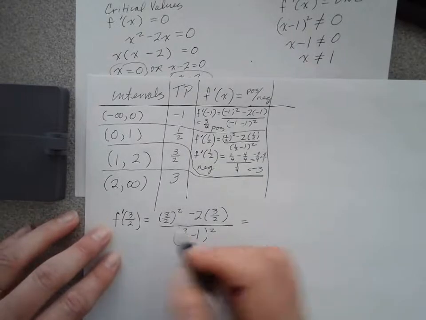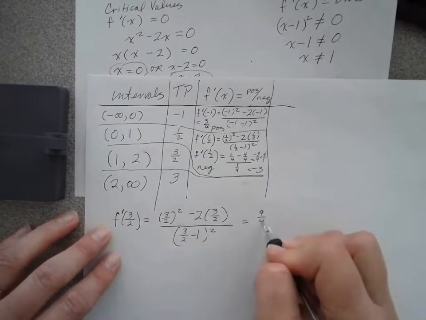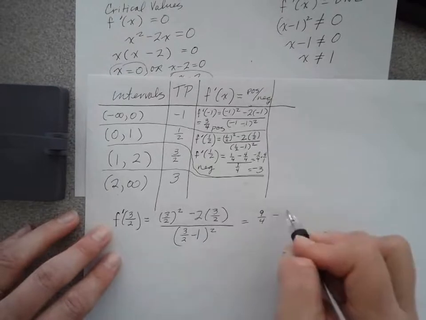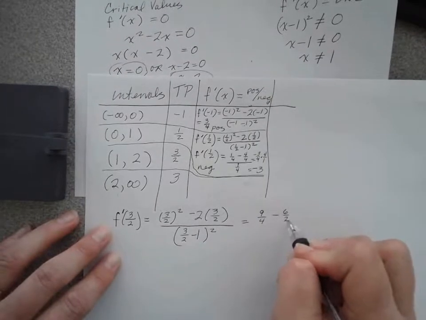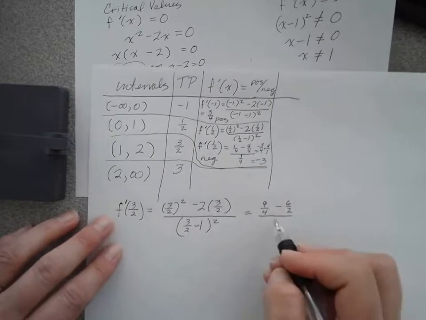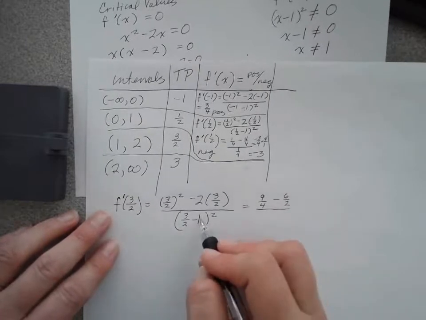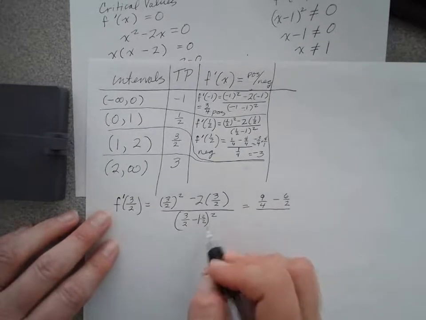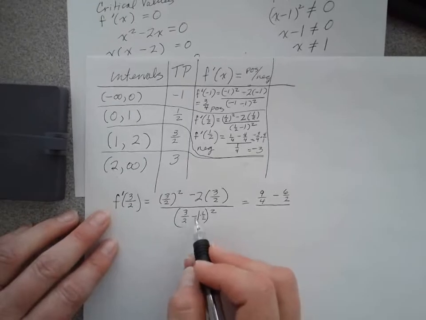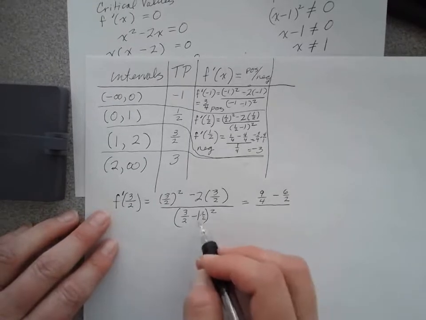So that's going to be 9/4 minus 6/2 over 3/2 minus 1. So you're going to have to multiply that by 2 over 2. So 3/2 minus 2/2 is 1/2 squared.